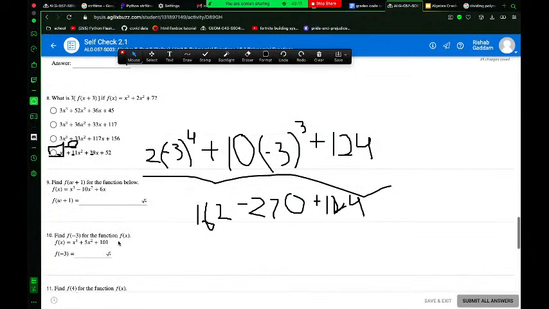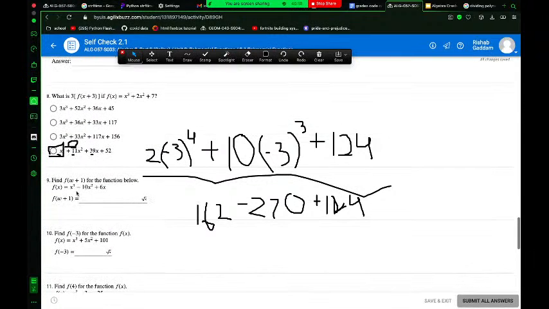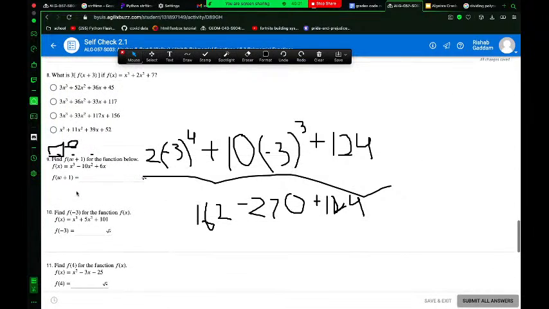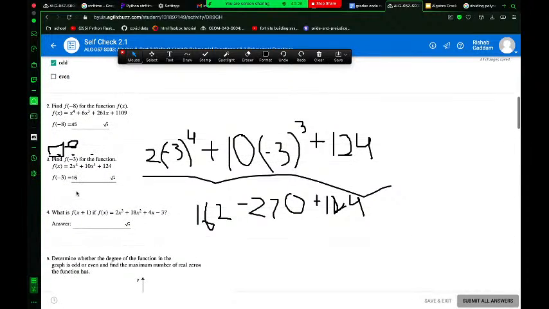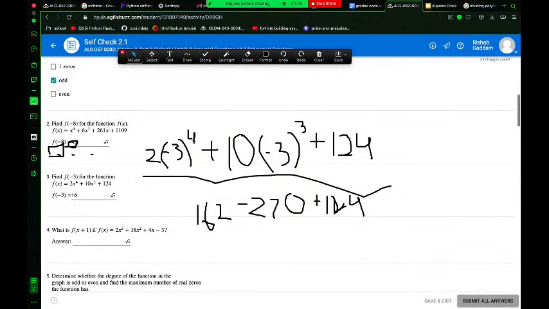Wait, actually, I don't understand it that much. Can you repeat it again? It's not really very confusing at all. It's just a little bit tedious. You see this f of negative 3 right here?